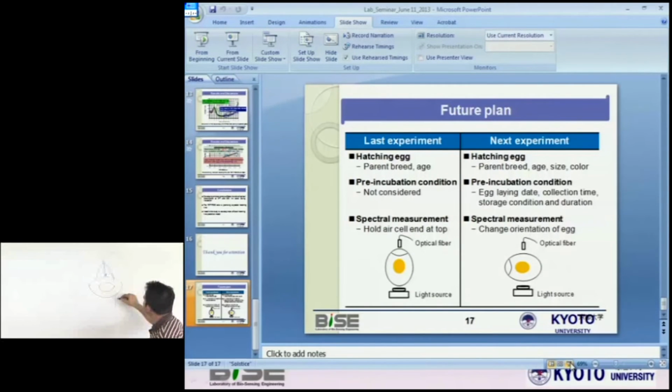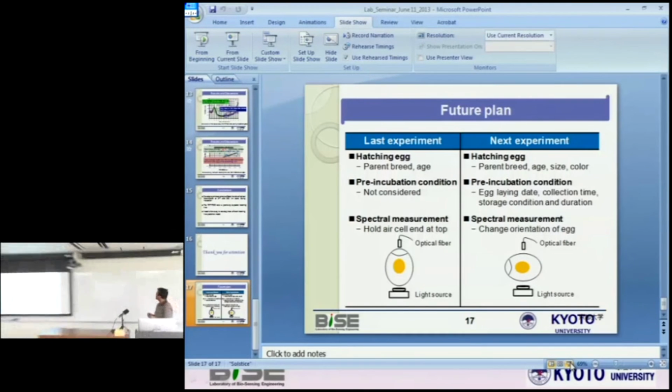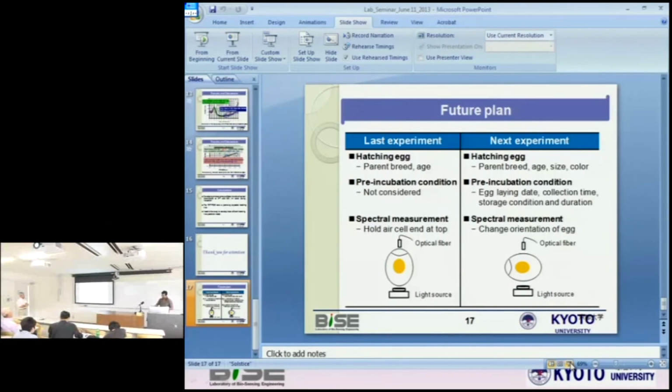to eliminate the effect of the light that passes to the outside of this shell. Don't you think about the integrating sphere? I read another paper.